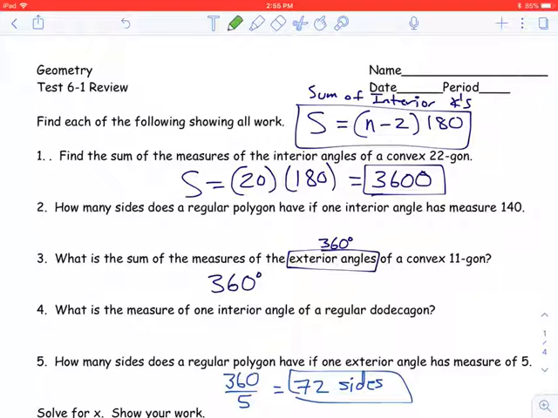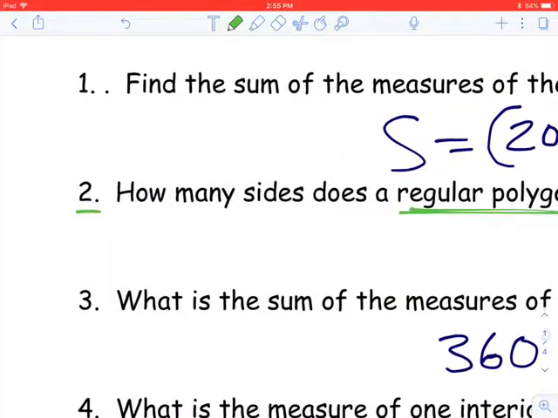All right, so starting with number 2, it says how many sides does a regular polygon, again regular means all the same sides, all the same measures, have if one interior angle is 140 degrees? Something to keep in mind is if you have an interior angle of 140, that automatically means the exterior angle is whatever's left out of 180 because they're supplementary.